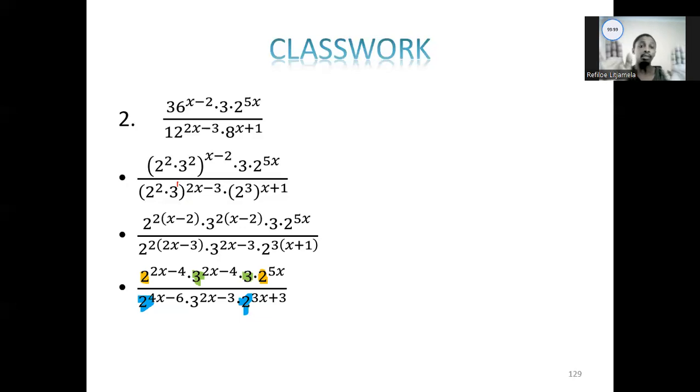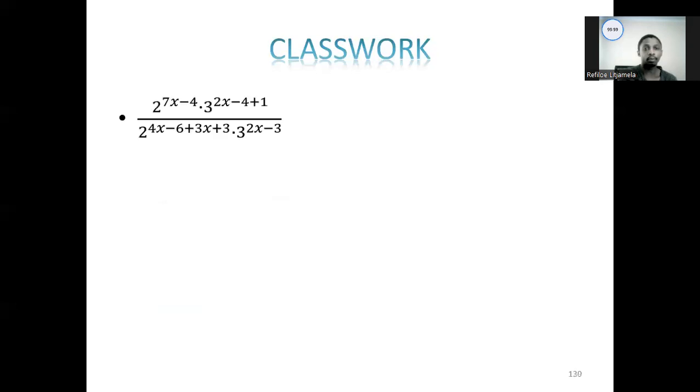Do the same thing in the denominator. The bases of 2 are multiplied, you write it as a single base, and then you add the respective exponents. The first 2 had an exponent of 4x minus 6. You're going to add it to the exponent of the second 2, which is 3x plus 3. And that's what you're going to have when you simplify everything.